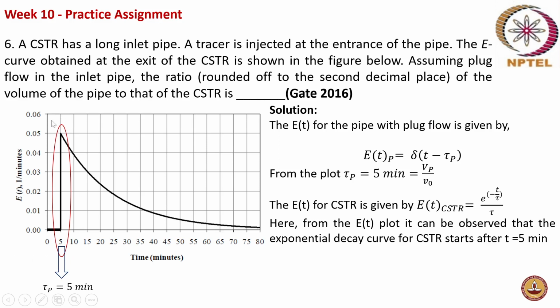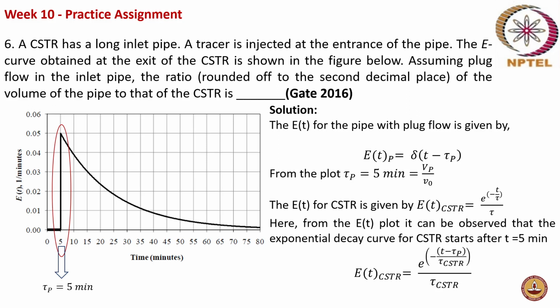This is the time it has to pass through the inlet pipe. So we have to account for this condition in the expression of the exit age distribution curve in the CSTR. That means whatever time points we are getting will have a time lag of 5 minutes, because the material flows through the pipe for the first 5 minutes and then through the CSTR for the remaining time.